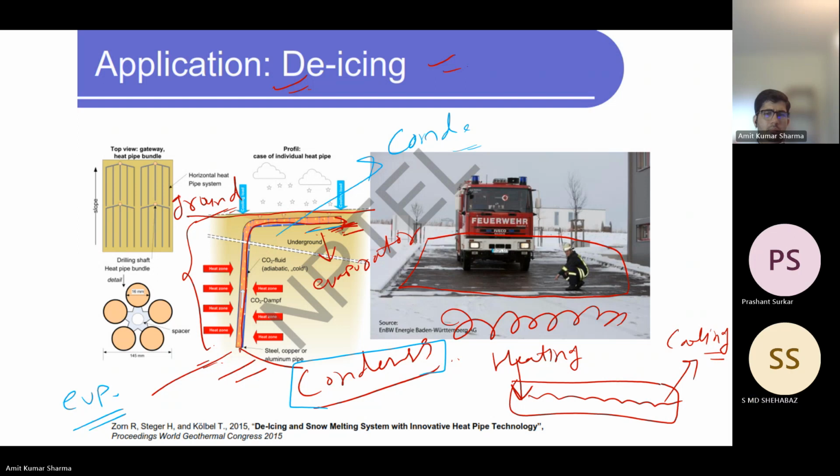No, no. If this is the condenser, then how is the ice melting? I'm asking that. Because in the condenser, what we are doing is cooling. So we are doing cooling in the condenser, and you are saying that by the cooling, the ice will melt. How will the ice melt by the cooling? The question is how the ice is going to melt with the cooling, because we are doing cooling in the condenser and heating in the evaporator.